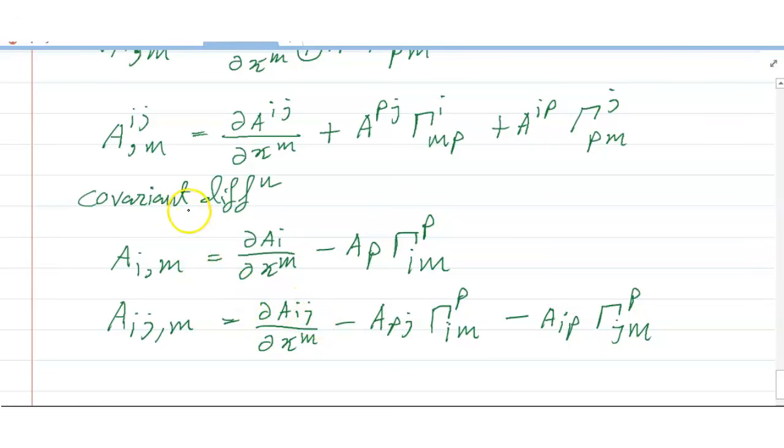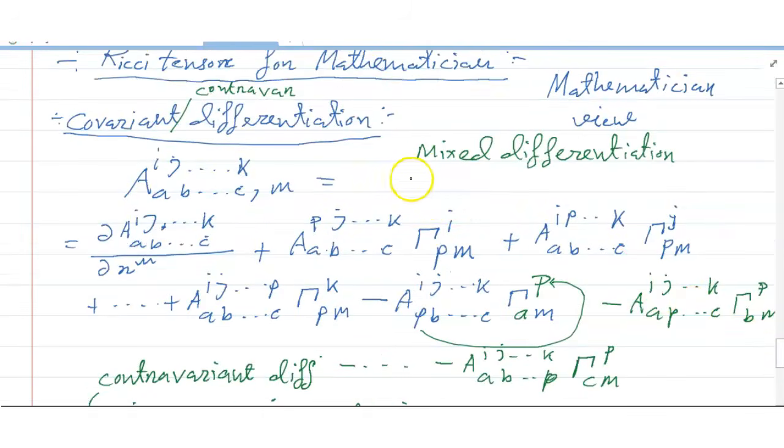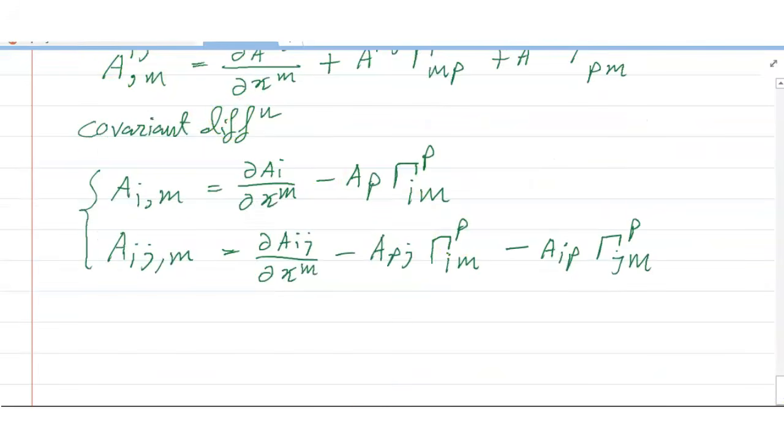This is the way of covariant differentiation, friends. So friends, I just showed mixed differentiation, and I am just showing covariant differentiation. So very easy. And now we will learn Ricci theorem and Ricci tensors.